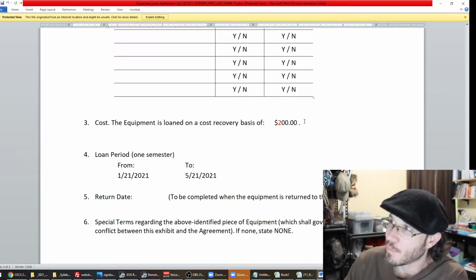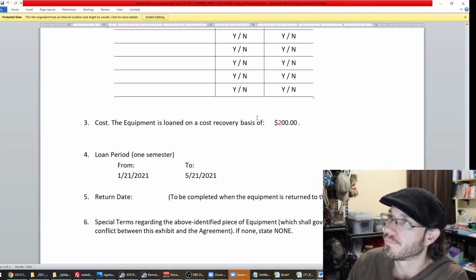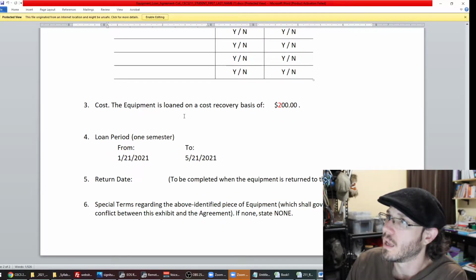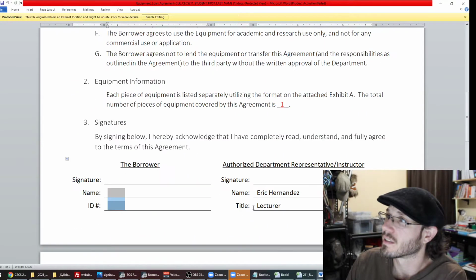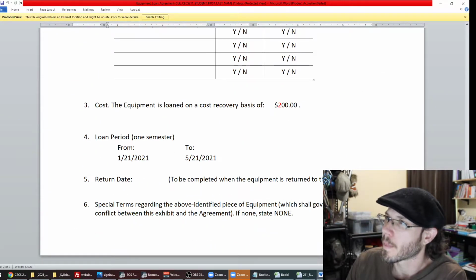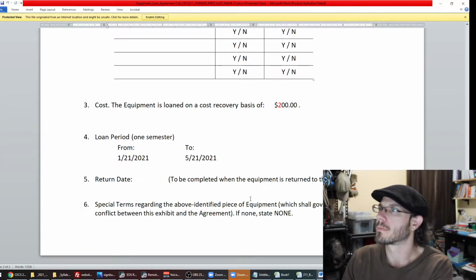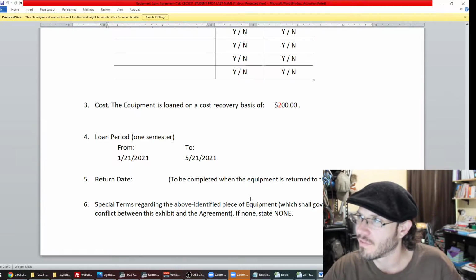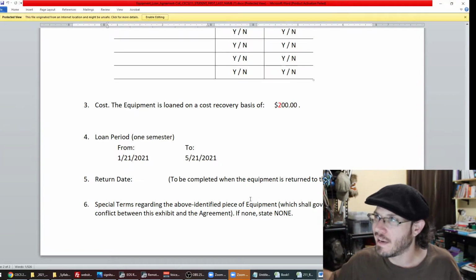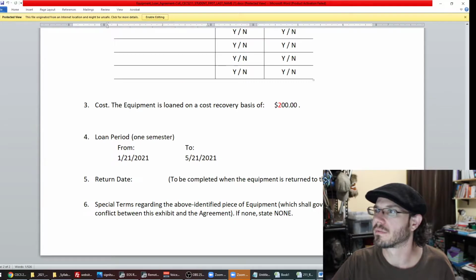Know that if you break it, you'll be responsible for $200. Don't worry about filling in anything else. And then turn it into a PDF and put it in the Dropbox.